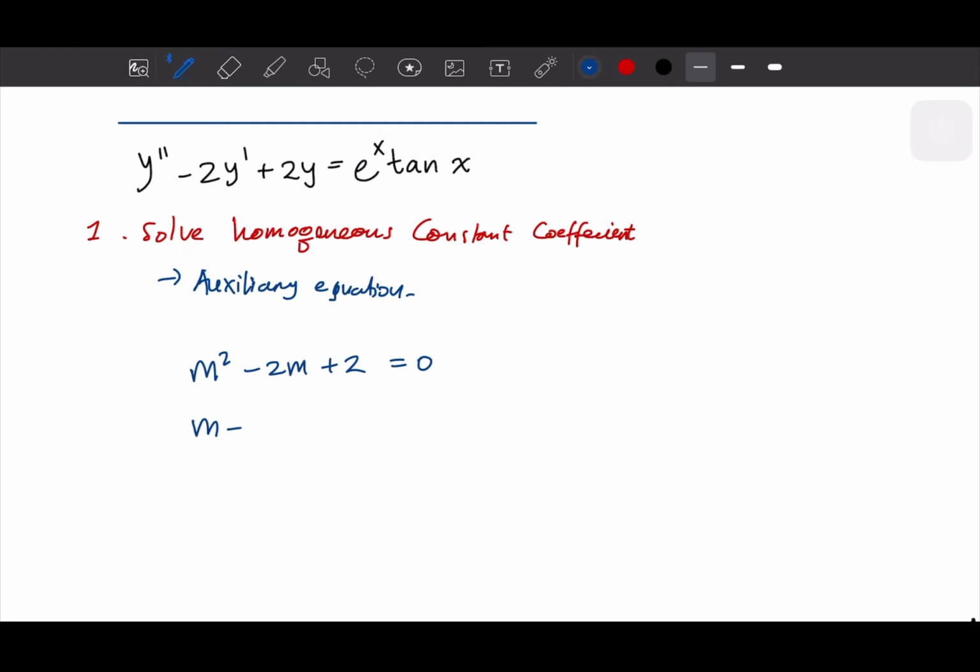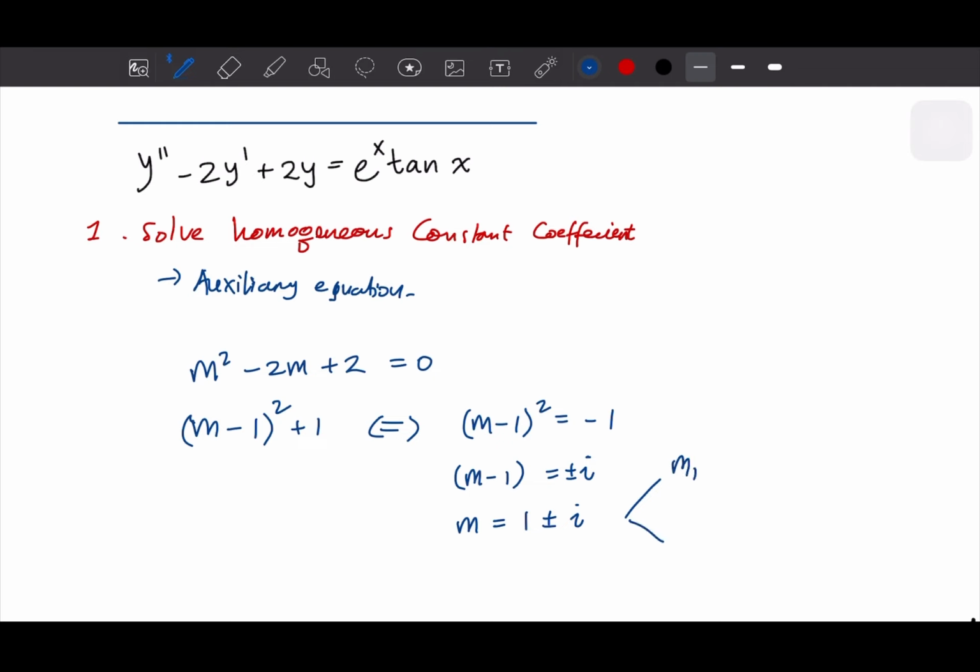We complete the square, plus 1 like that. So m is 1 plus minus i, so we have m1 and m2 as 1 plus i and 1 minus i.